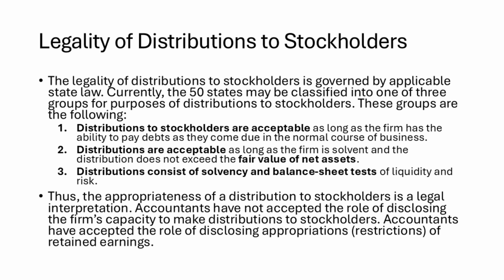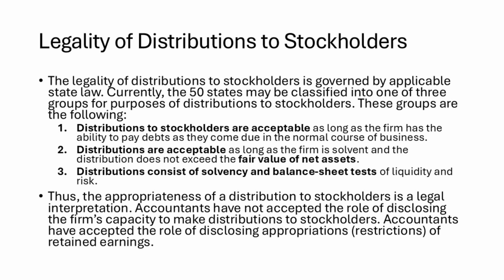These groups are the following. First, distributions to the stockholders are acceptable as long as the firm has the ability to pay debts as they come due in the normal course of business.